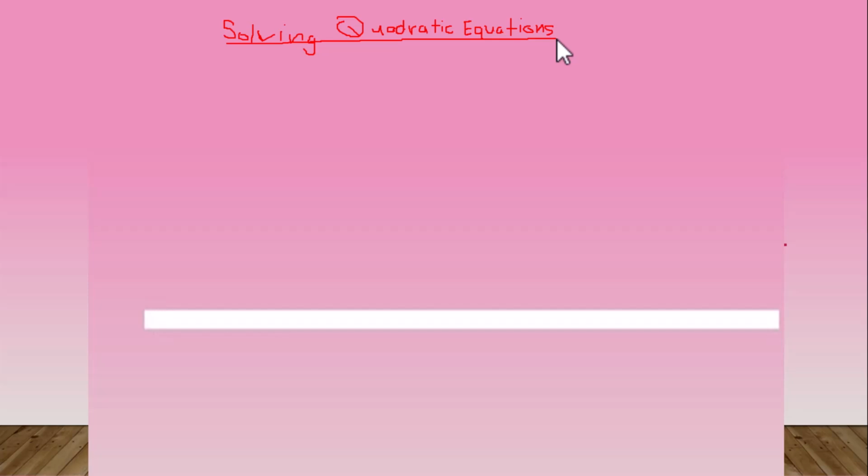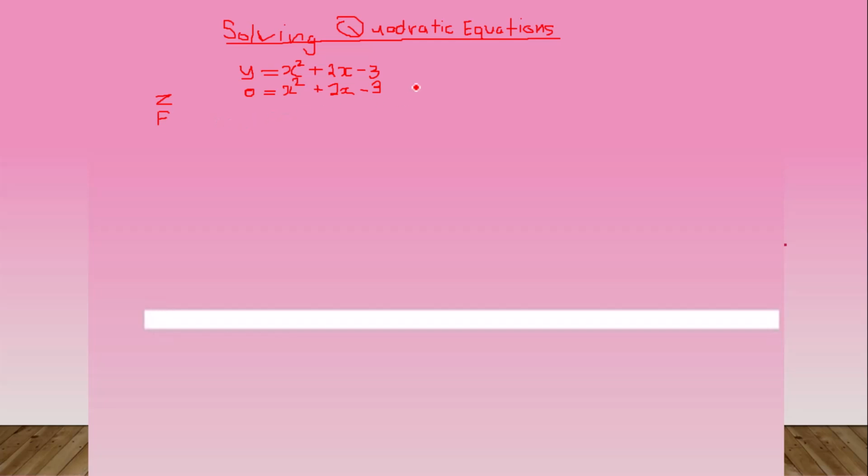previously we learned about solving quadratic equations. Okay, going back, remember when we were solving quadratic equations? This is what we did. First we equate to 0, so we make y become 0. Then we factorize.